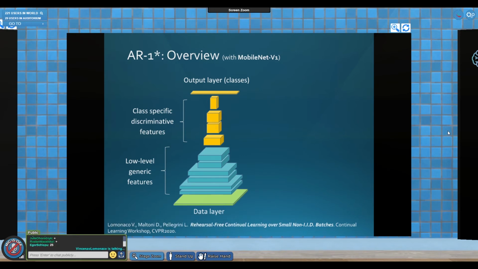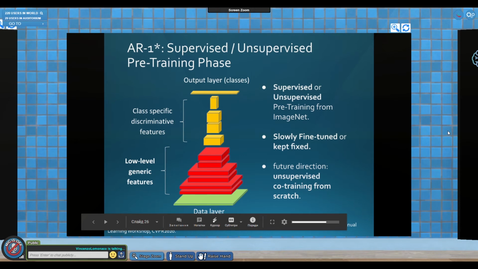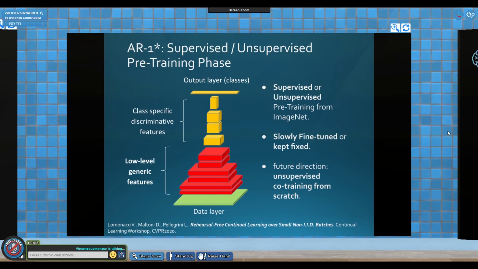Great. All right, so essentially our approach here is based on this idea of somehow dividing the network in parts and applying a different continual learning strategy for each of those parts, because they're different by their nature, so it's important to handle them differently. So there are the low-level generic features layers, the class-specific discriminative features layers, and then the output layer.